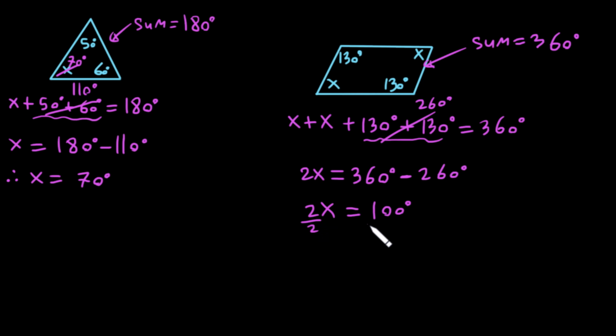If we divide by 2 on both sides, this one goes with this one. So x equals 100 degrees divided by 2, which is 50 degrees. So we found this x as 50 degrees, and the same for the other one, which is 50 degrees.